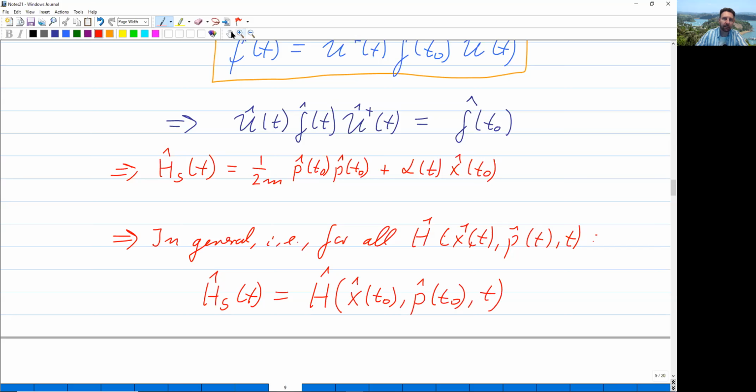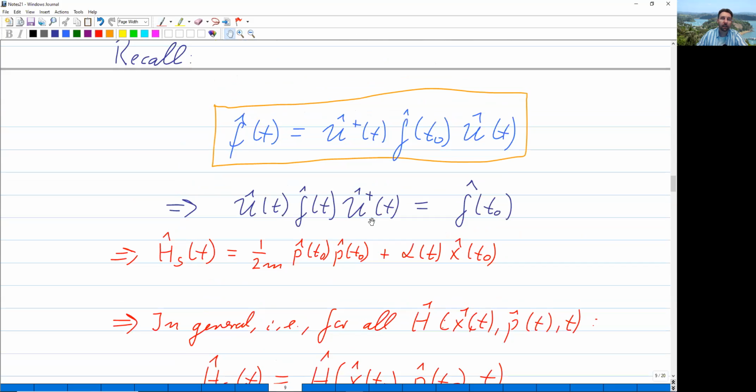How do we see that? Well, we did it for this example, where the Schrödinger Hamiltonian turned out to be the original Hamiltonian, p squared divided by 2m plus alpha of t x hat, except that in the original Hamiltonian, these guys would have been time dependent. Now, they are not. The operators are frozen in time.